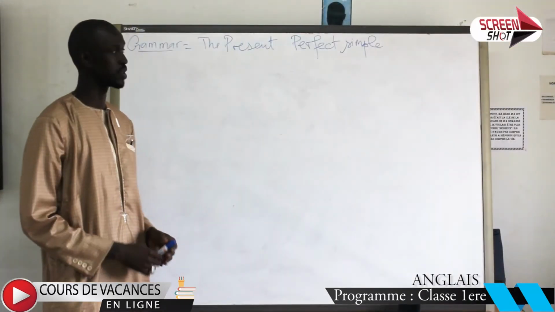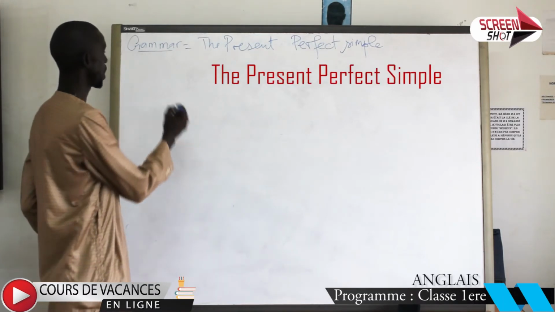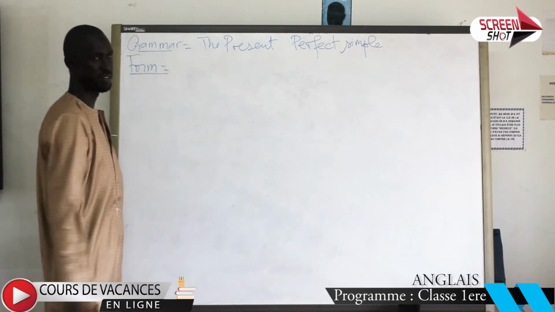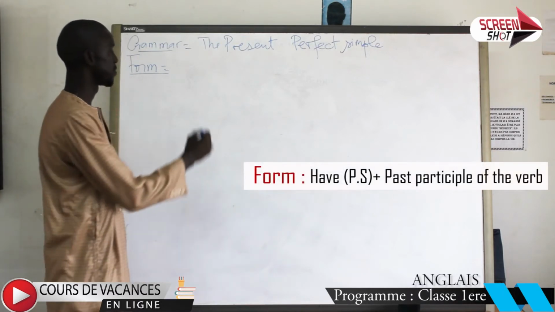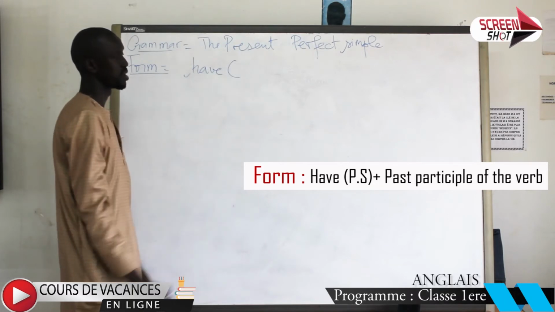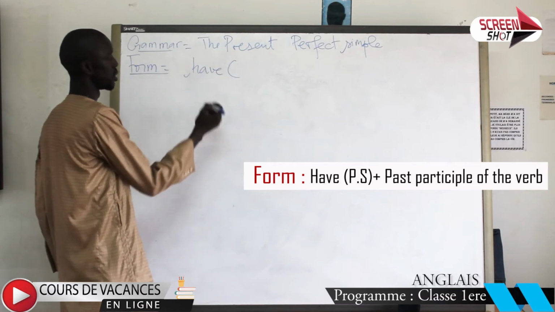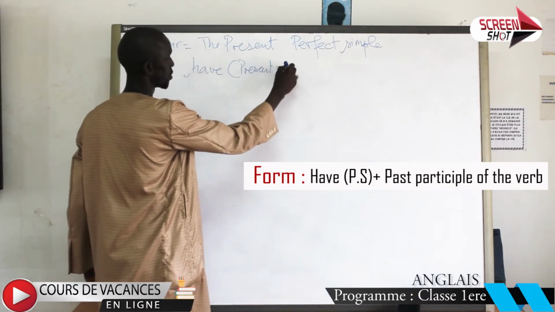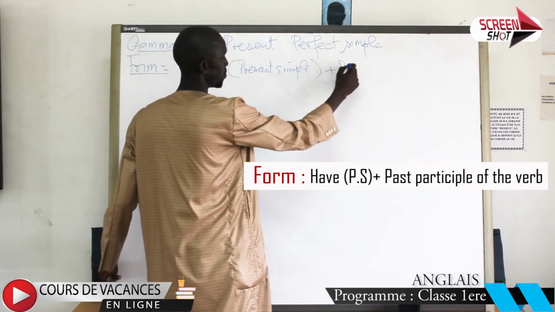So now we are going to see the present perfect simple. At first, we are going to see how to form the present perfect simple. That is the first thing we have to do. If you want to form the present perfect, we use the auxiliary have in the present simple, because we have said present perfect, and the past participle of the verb.